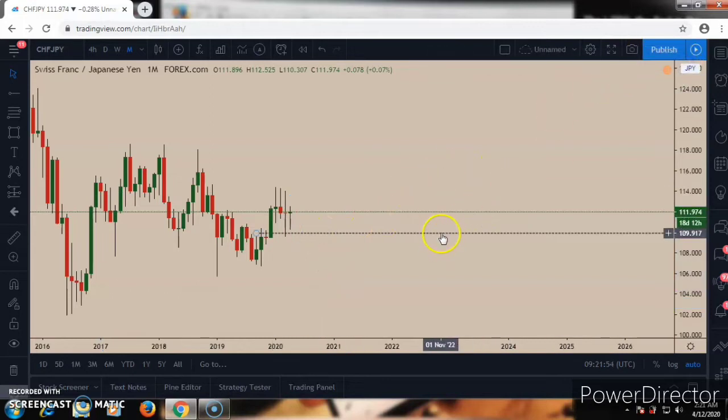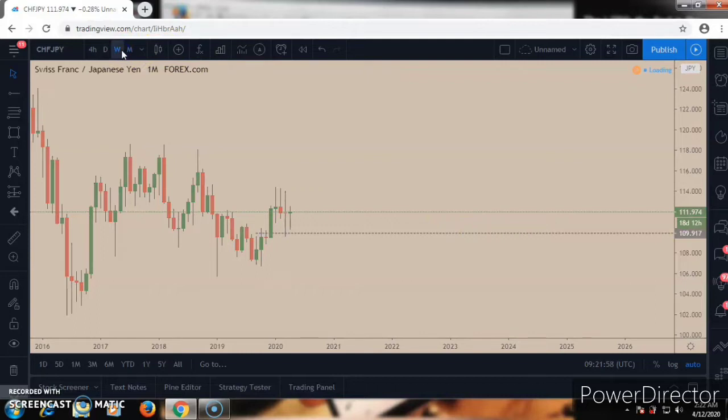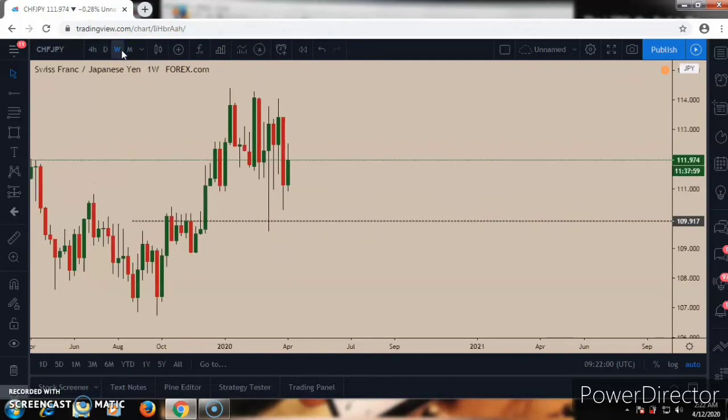Going down to the weekly time frame, let's see what we have here. From the weekly time frame, we have impulse, correction, impulse, and we need another correction before the market can move to the downside.